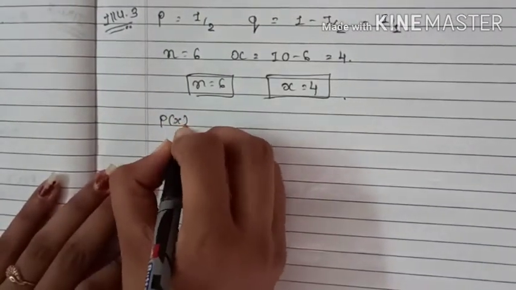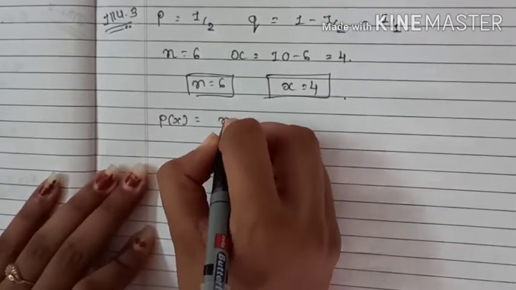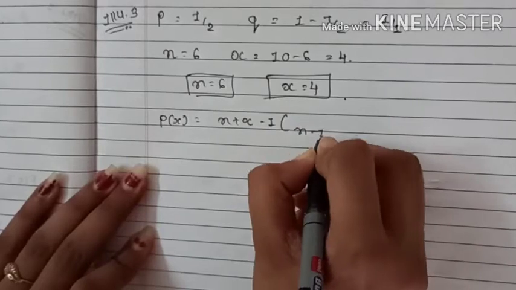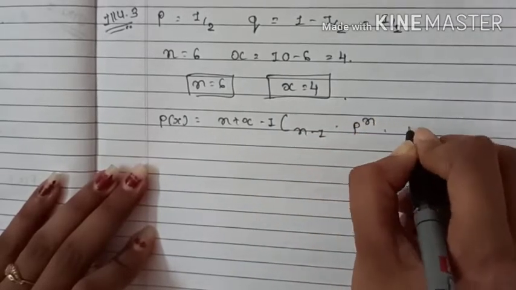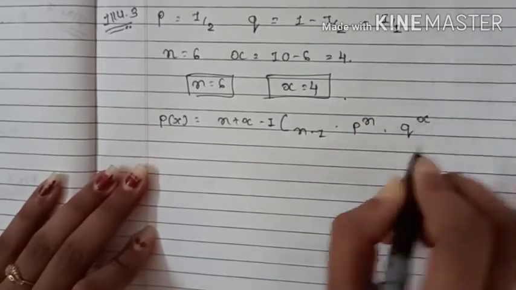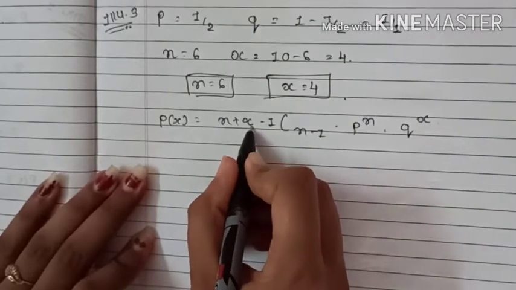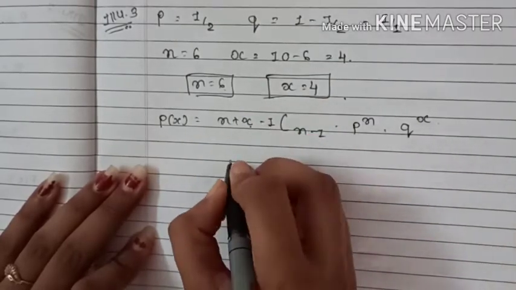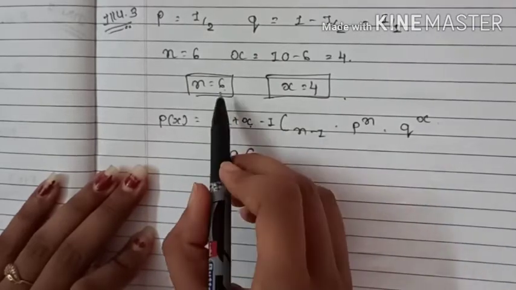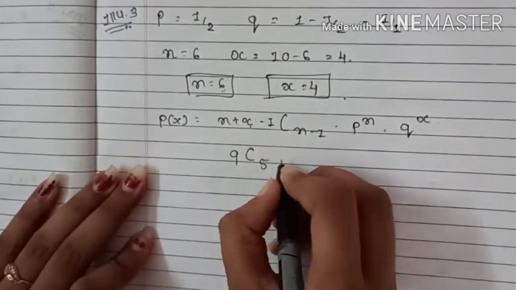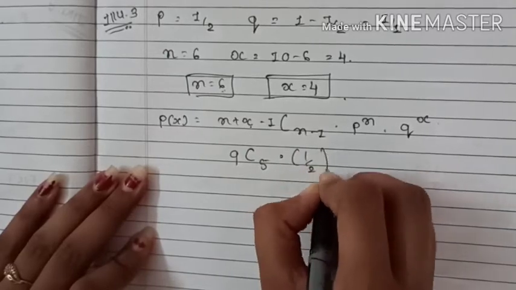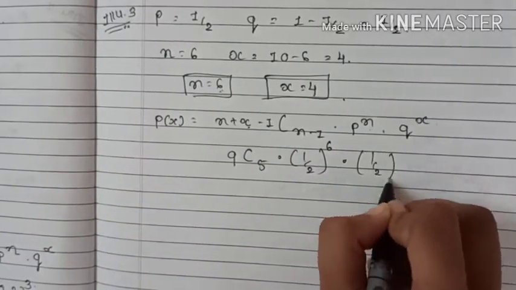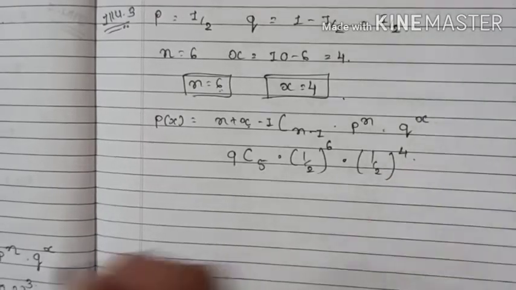P of x is equal to (n plus x minus 1) C (n minus 1) into p^n into q^x. n plus x, 6 plus 4, 10. 10 minus 1, 9. 9C(6 minus 1), 5 into 1/2 to the power 6 into 1/2 to the power 4.